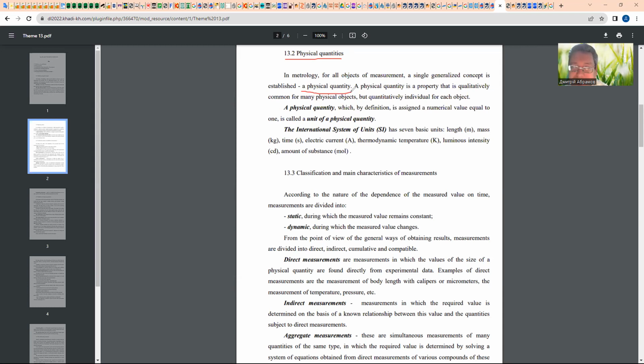A physical quantity is a property that is qualitatively common for many physical objects, but quantitatively individual for each object. A physical quantity which by definition is assigned a numerical value equal to 1 is called a unit of physical quantity.